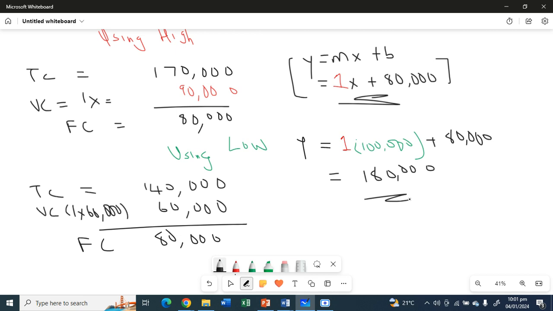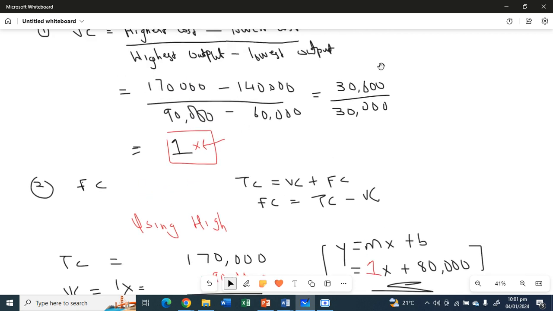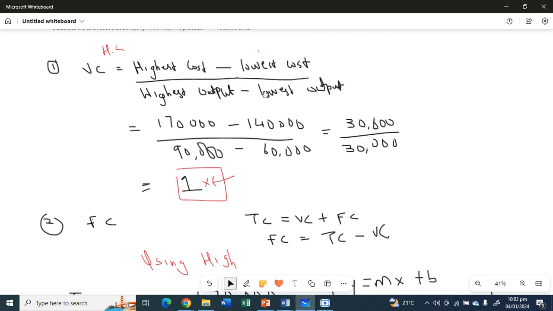So that's that with the high-low method. First thing, determine your high cost and your high output, then your low cost and your low output. Get your variable cost using this formula: variable cost equals highest cost minus lowest cost, divided by highest output minus lowest output. Sometimes the output won't be the activity; sometimes it might be hours.